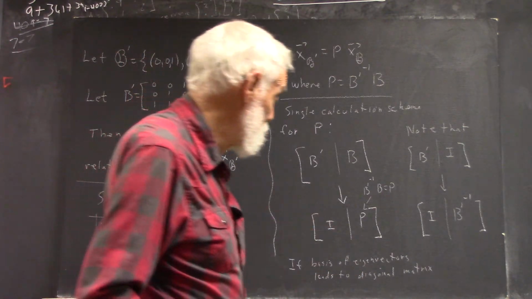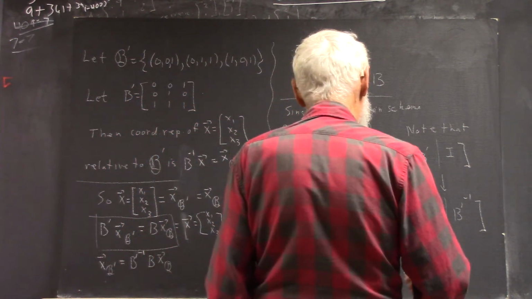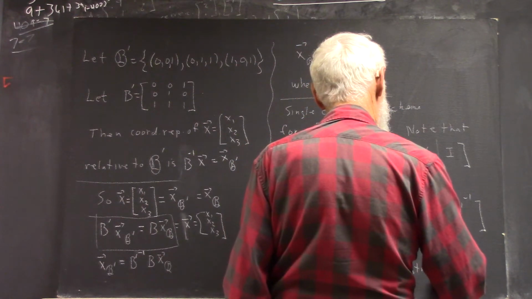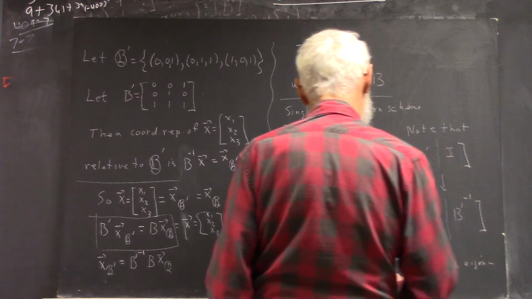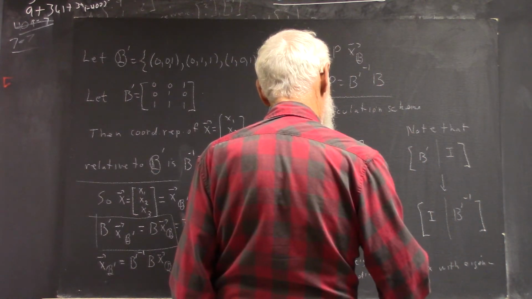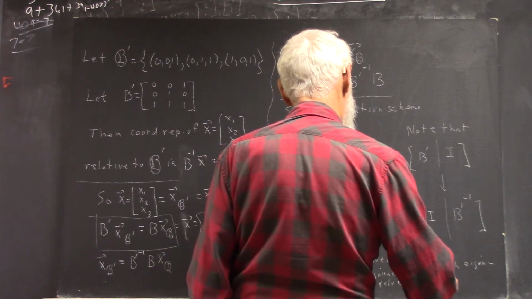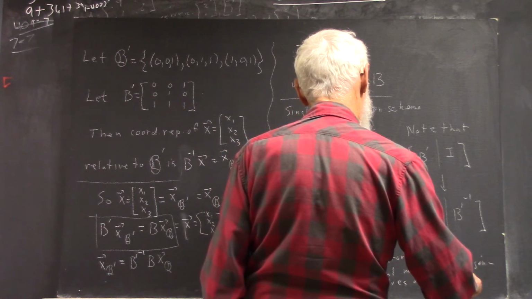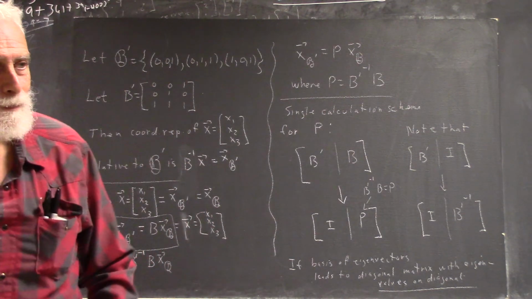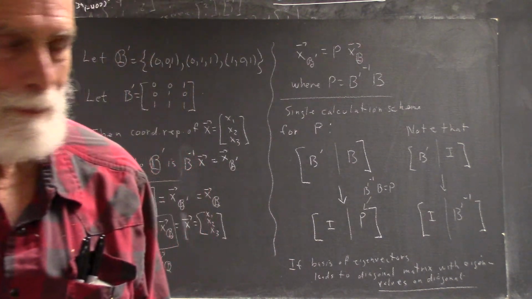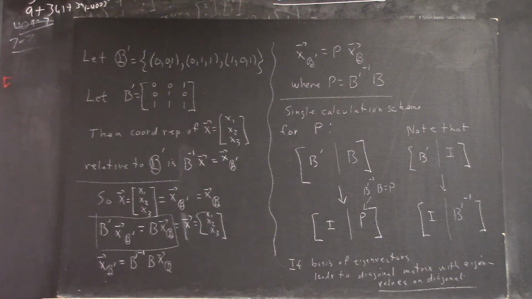But anyhow, this leads to a diagonal matrix with the eigenvalues on the diagonal. This is very important stuff.